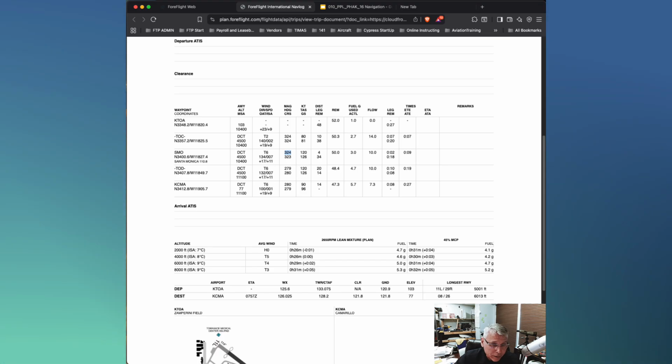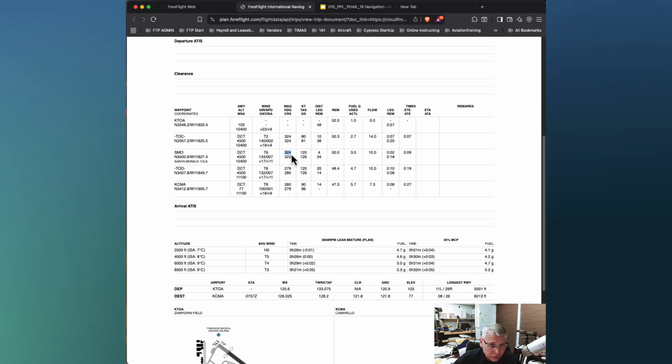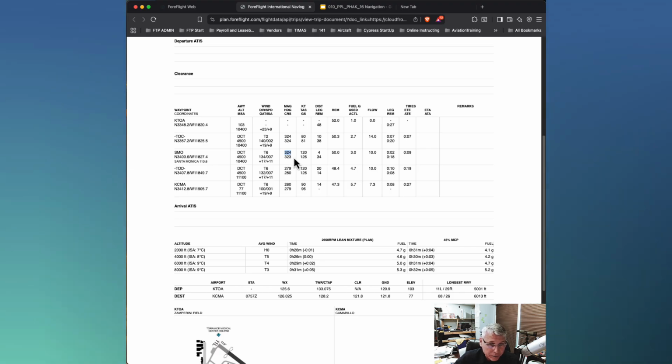Okay, so in this leg from Santa Monica to our top of descent, our magnetic heading is 324. ForeFlight has taken into consideration the winds, and it's adjusted the wind correction angle for us, and it's only off by a degree or so. Secondly, it's also taken into consideration the variation.